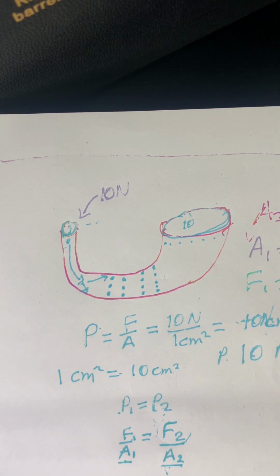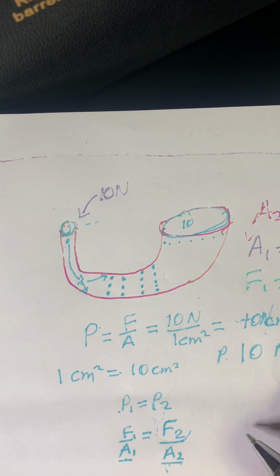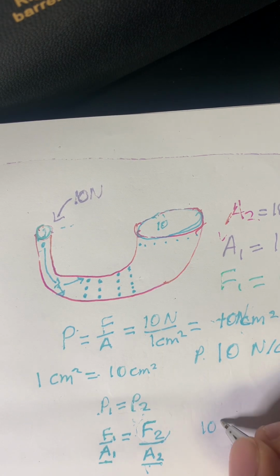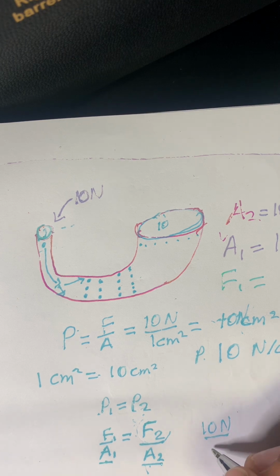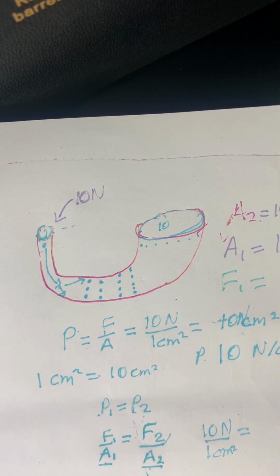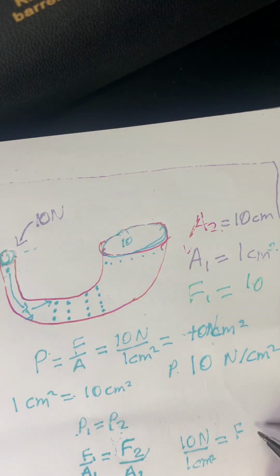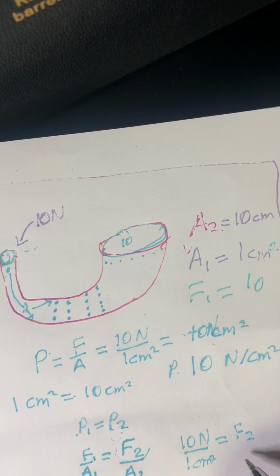So, and it is actually, because let's sub in the numbers. Force 1 is going to be equal to 10 newtons because that's our original force, applied over 1 centimeter squared. But since this is equal, right, because pressure is equal to F2, which we don't know yet, but we'll do some very simple algebra to find this.